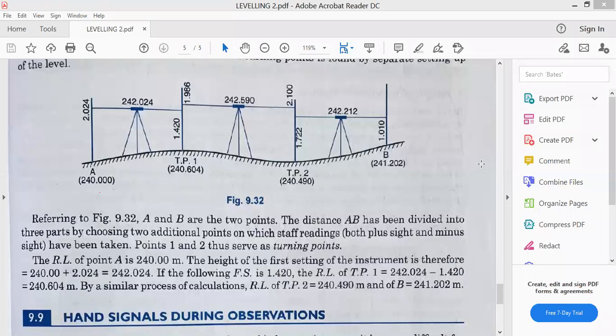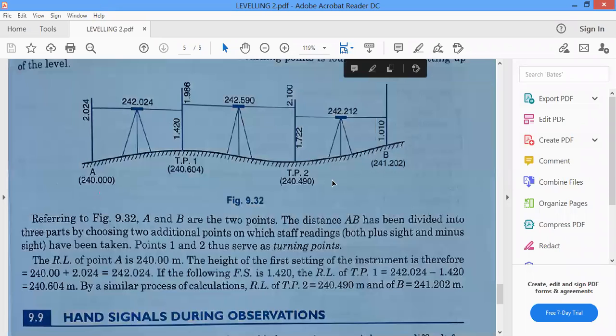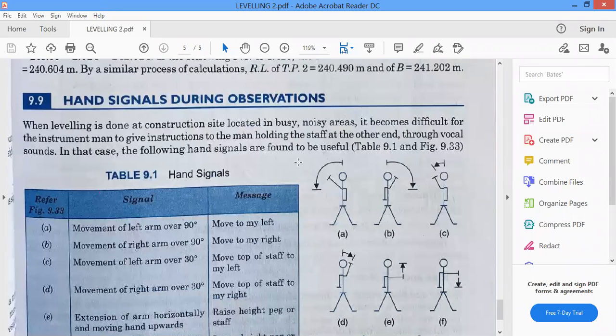That is RL of TP1, 240.604, plus backside 1.986. You have to perform this until you reach the last point, that is B, and you calculate the RL of point B, 241.202. Now we will see how to tabulate these results.